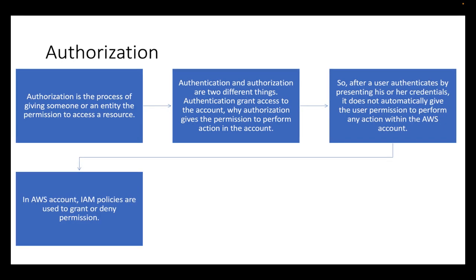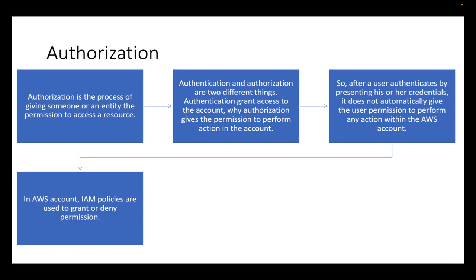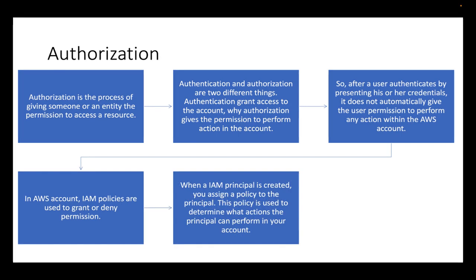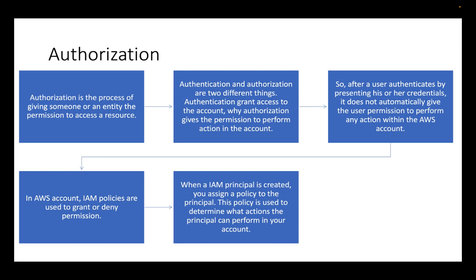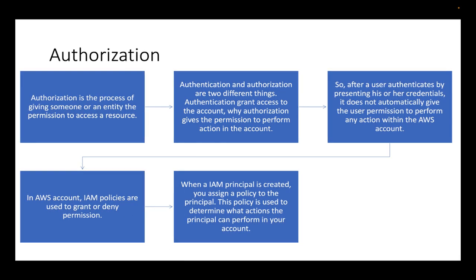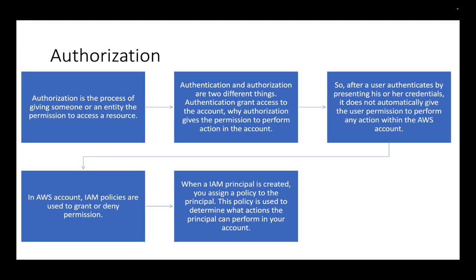IAM policies are used to grant or deny permissions to perform certain actions in AWS accounts. When an IAM principal is created, you assign a policy to the principal. This policy is used to determine what actions the principal can perform in your AWS account.